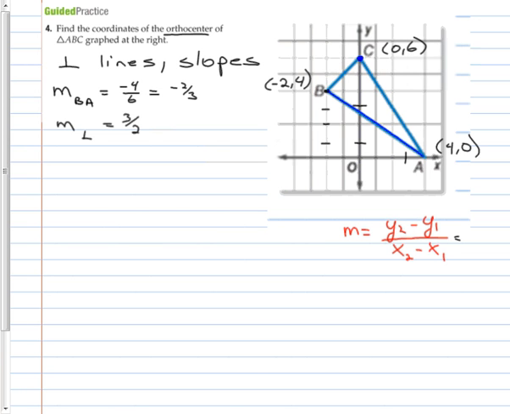If I'm going from B to A, my second y is 0, minus my first y, 4, over second x, 4, minus my first x, which is negative 2. When we subtract negatives, we add. I get negative 4 over 6, which is negative 2/3, just like when we did rise over run. Make sure you know the slope formula.